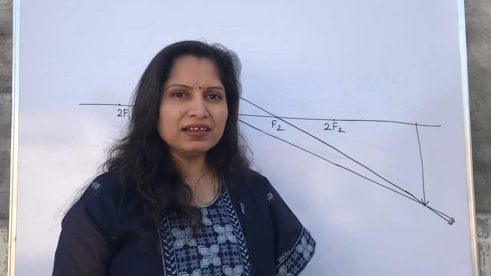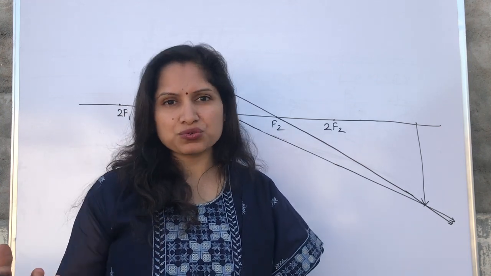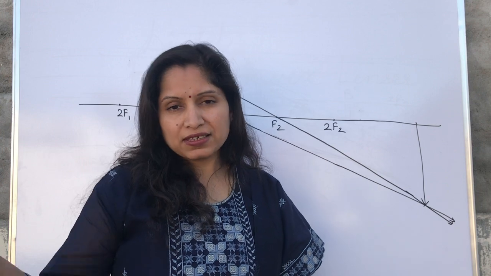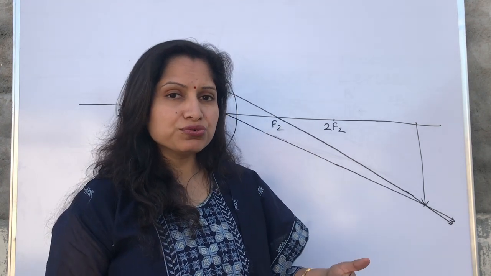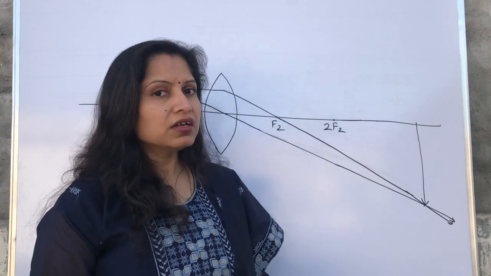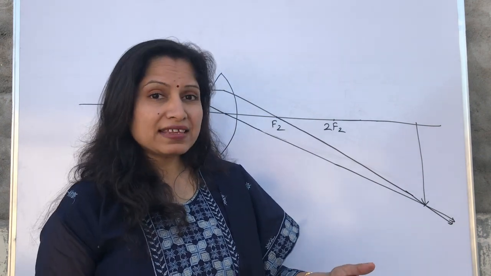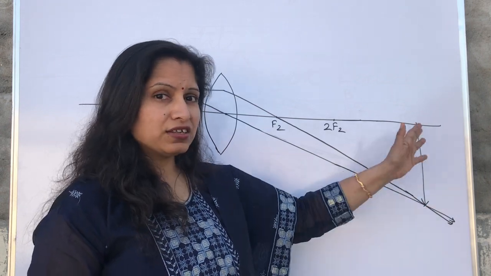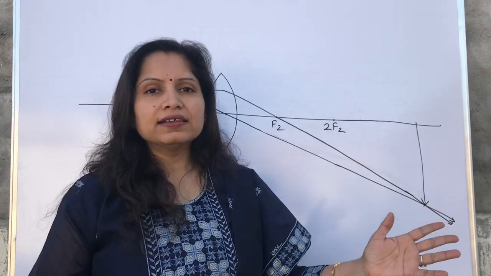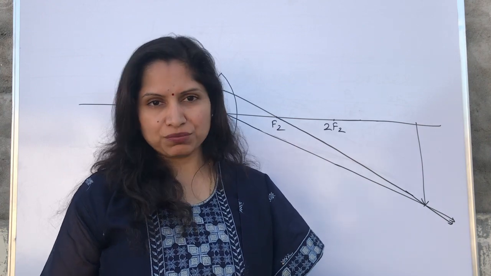Similarly, a projector in your classroom at school is also based on the same principle. It also uses a convex lens, and the image is formed beyond 2F2, so it is a real, inverted, enlarged image.